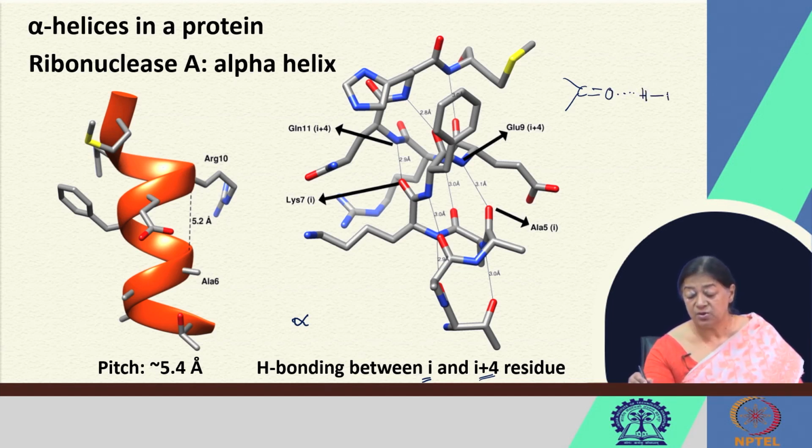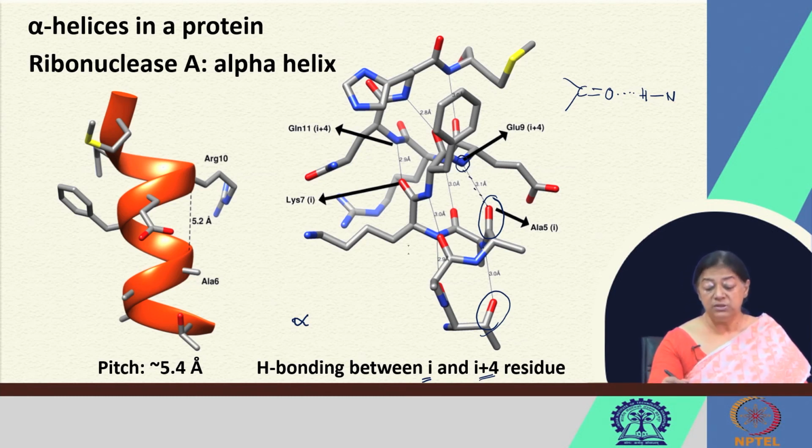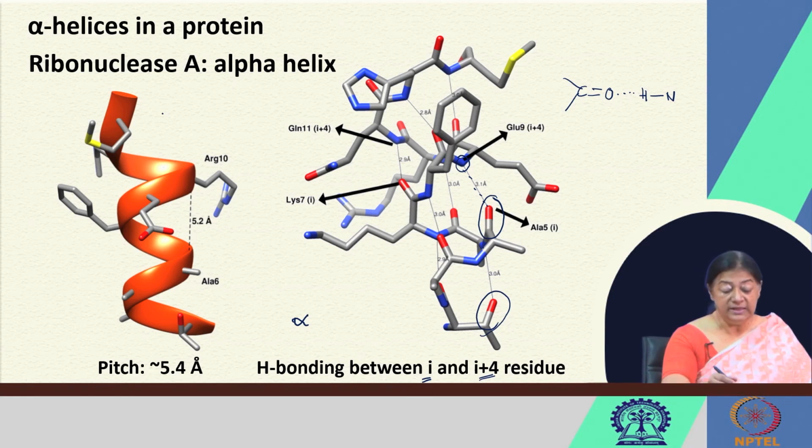If we look at a specific residue, this is our C double bond O and this is our NH behind there. This is a C double bond O and this is our NH. So, this bond is the hydrogen bond that holds the helix together in this particular type of orientation.